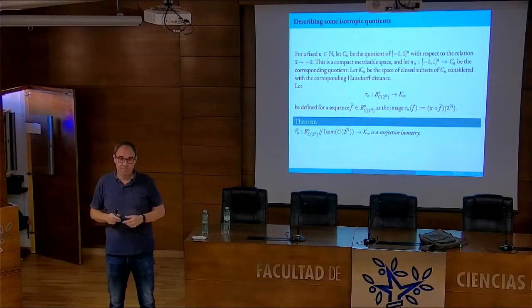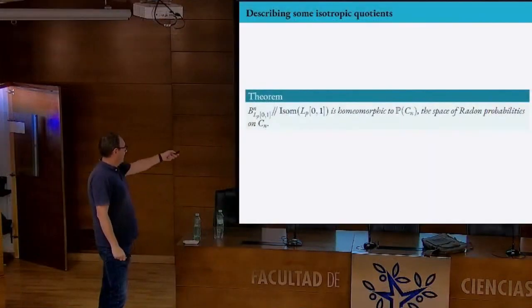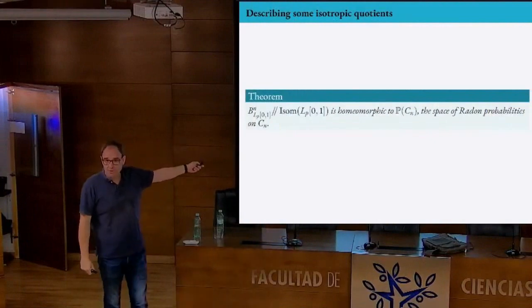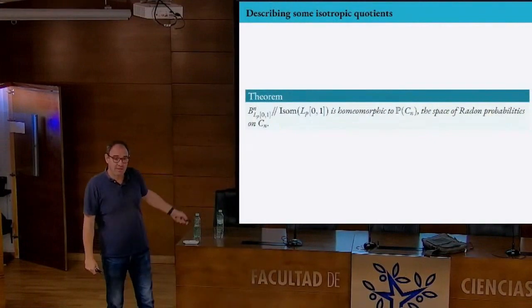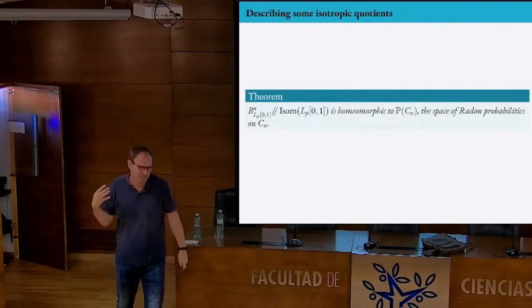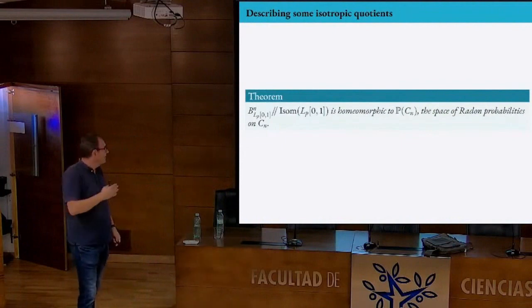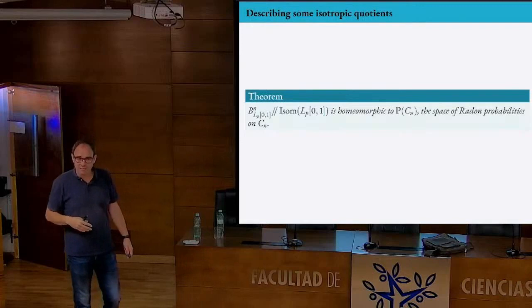So it is exactly the same. And why is this true? There is a similar thing for Lp's, but now you are not going to get closed sets, you are going to get probabilities, which makes sense if you think for a while. So this quotient is the collection of probabilities and random probabilities on Cn.